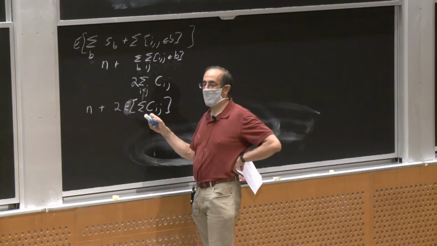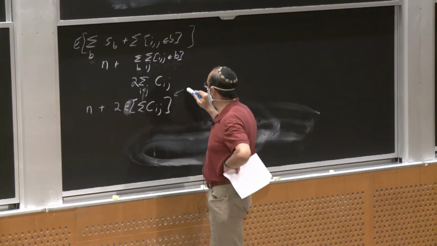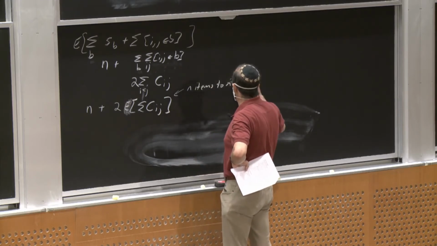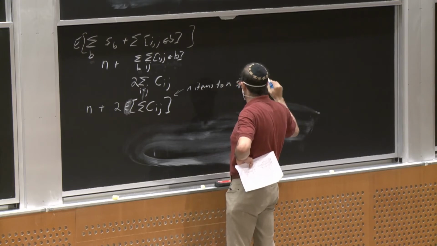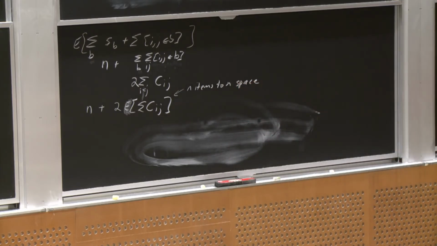Remember, this is now measuring at the top level of the hash table. What we're doing here is hashing n items to n space. So what's the expected number of collisions?